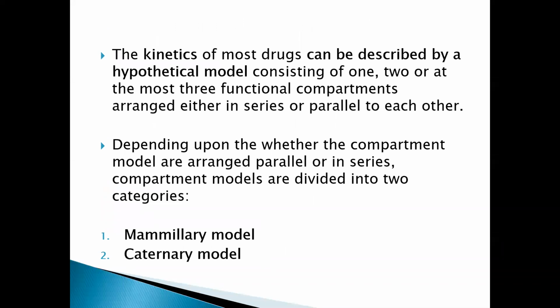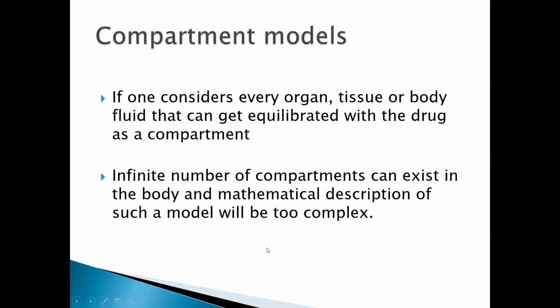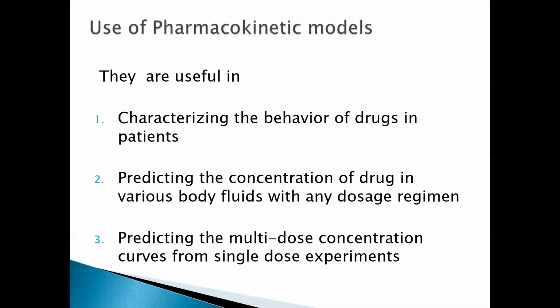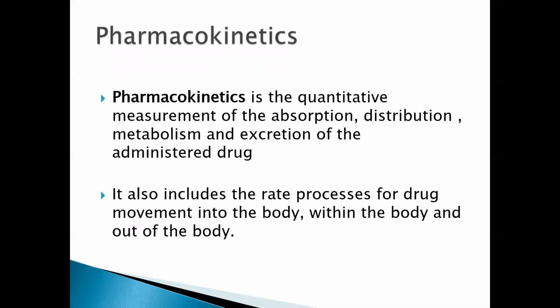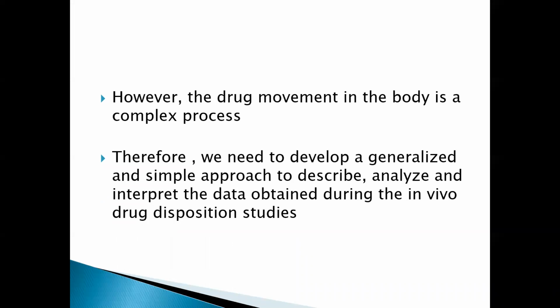So what is the summary of this discussion? In pharmacokinetics, we quantitatively describe the absorption, distribution, metabolism and excretion (ADME) of the drug. It also includes the rate processes for movement of drug into the body, within the body, and out of the body. This movement of drug in the body is a complex process.